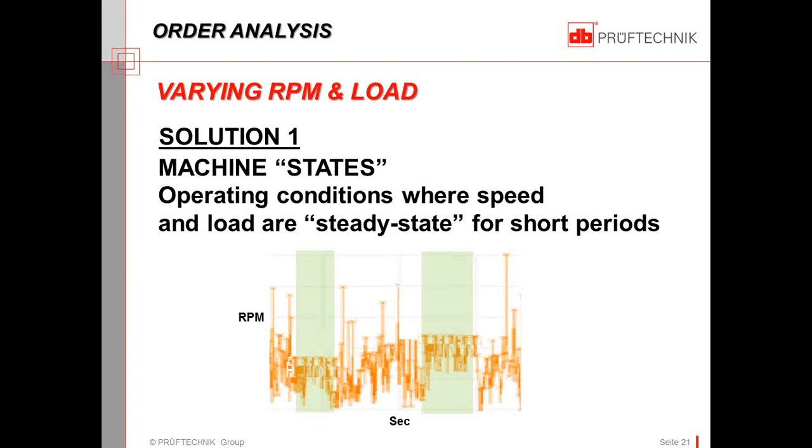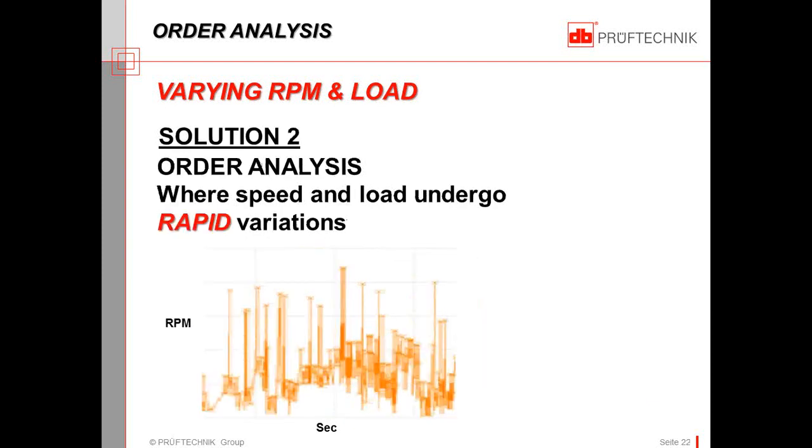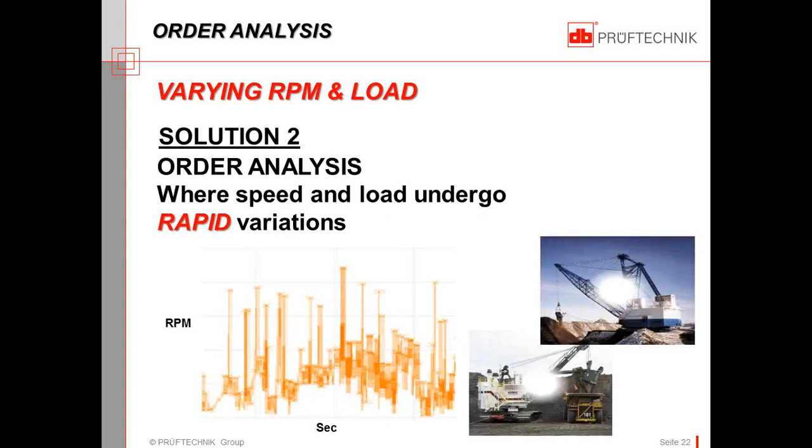So that would be a solution for machines with varying RPM, but machines that do have short periods where the vibration is reasonably steady state. On the other hand, for those machines where the RPM is continuously varying, typical machines that exhibit this type of behavior are found in the mining industry.